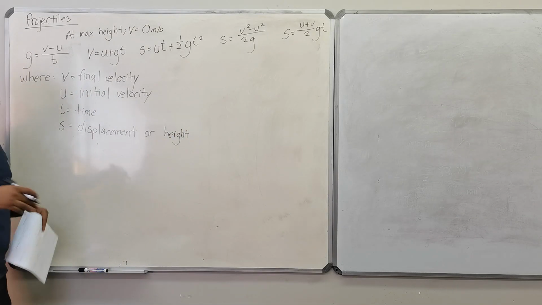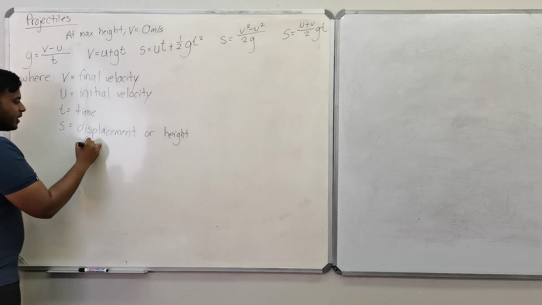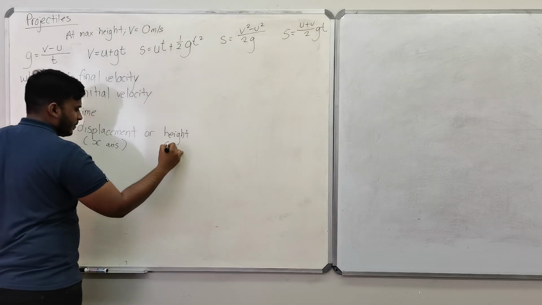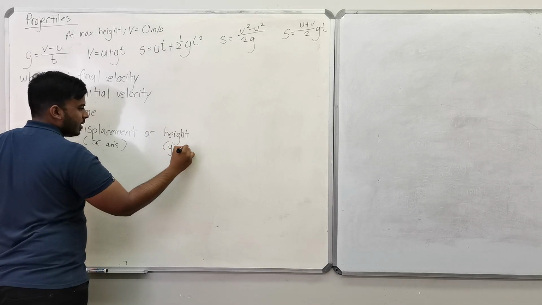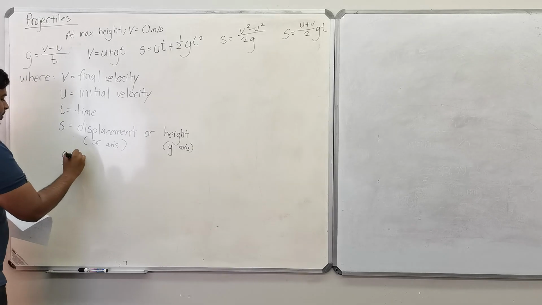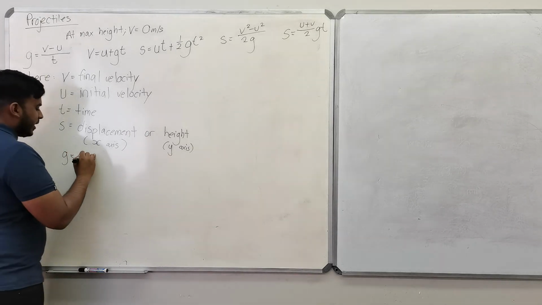Displacement will be applicable to your x-axis or your horizontal component. Height will be applicable to your vertical component or your y-axis. And G is equal to gravitational acceleration.